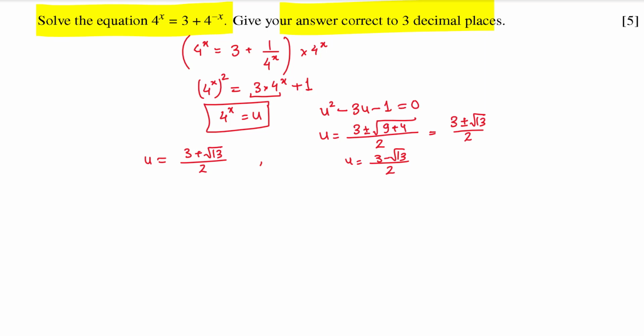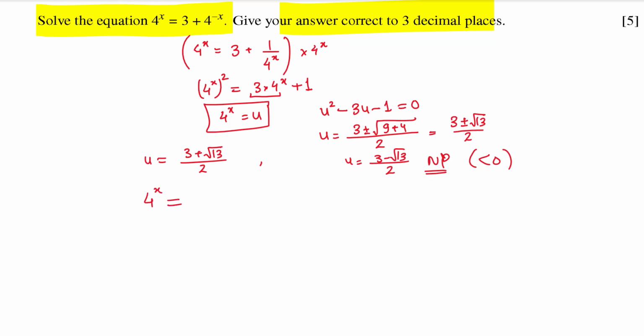Again, it is 4 to the power x, which is an exponential growth. It will never go below the x-axis, so it is not possible as it is less than 0.